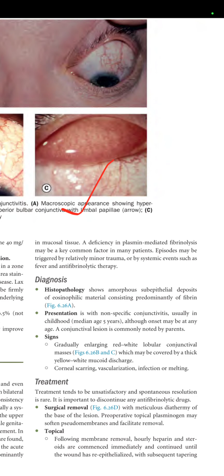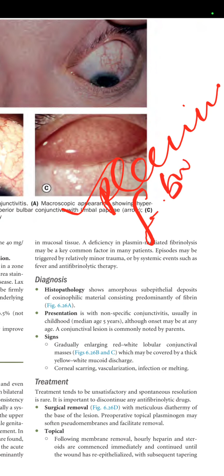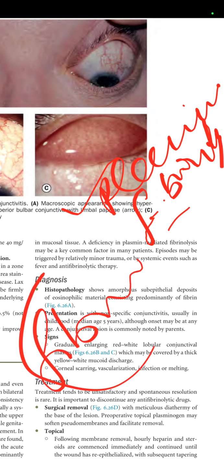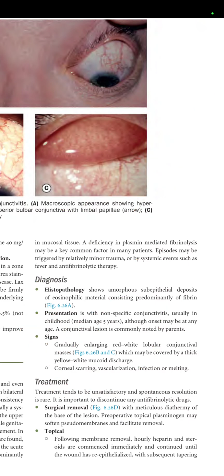So what happens is that in the healing process, the plasmin mediated fibrinolysis is deficient, so the fibrin is not getting lysed, and there is an increase in the fibrin content, which causes this kind of condition. It does not only affect the eye, it can affect systemic regions as well, kidneys, pulmonary region, and due to the pulmonary involvement a patient can even die.